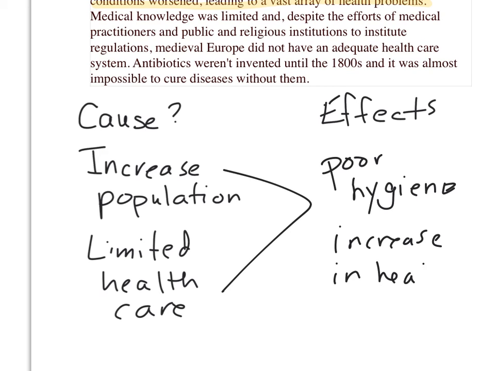Sorry about the handwriting, but you know how I am. So when we think of because this happened, then this was the result. Because there was an increase in population, the result was much poorer hygiene, greater increase in health problems. Because there was a limited healthcare system in medieval Europe, they did not have an adequate healthcare system.